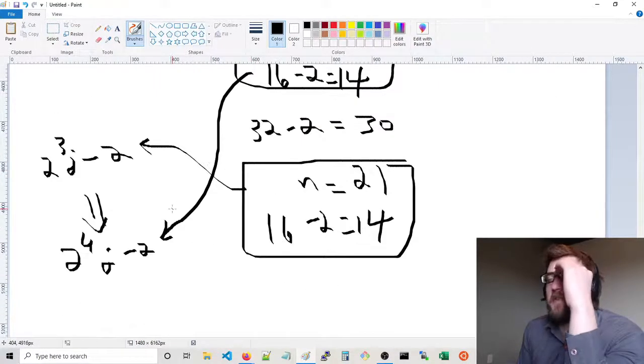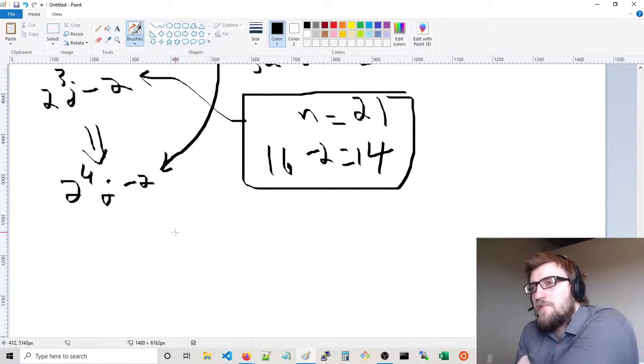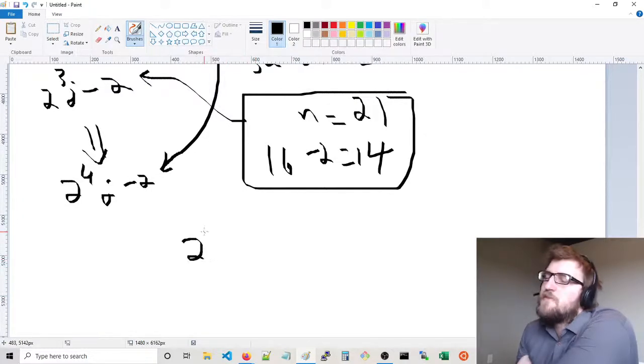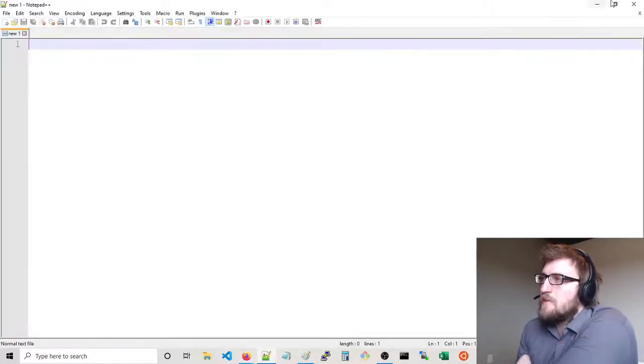Now, why might that be? That's an interesting question. I think that has to do with n. It's n, a logarithm of n. I want to say that's what it is. If you take log base 2 of 21, right? So 2 cubed is 8, 2 to the 4th is 16, 2 to the 5th is 32. I want to say it's somehow related, but I don't think it is.